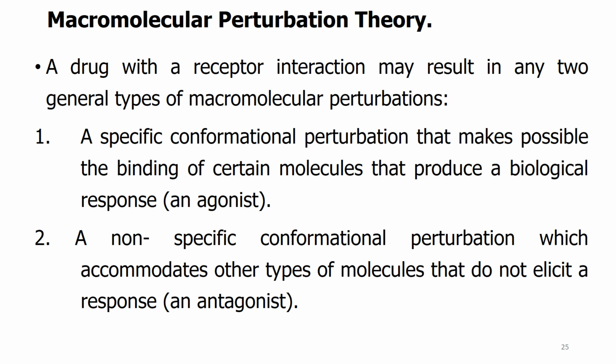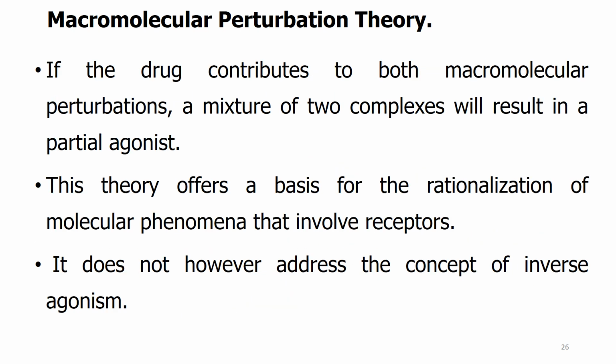That type of molecules, again, is referred to as antagonists. So, agonist produces a biological response. Antagonists do not elicit any response. If the drug contributes to both macromolecular perturbations, that is, agonist and antagonist, a mixture of two complexes will result in a partial agonist. This theory offers a basis for the rationalization of molecular phenomena that involve receptors.